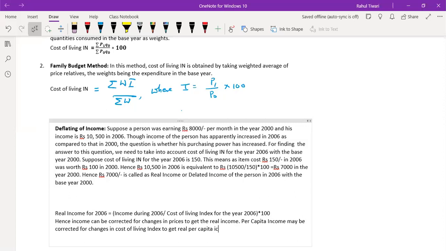So one can get the corrected changes in their real income, which can be calculated using this.